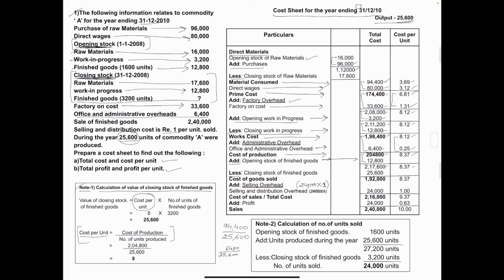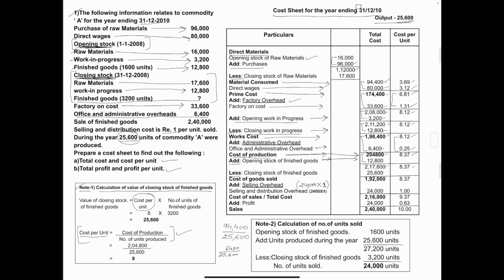Cost of production, where will we get it? Here in the solution, we have already calculated. Cost of production amount is 2,04,800.